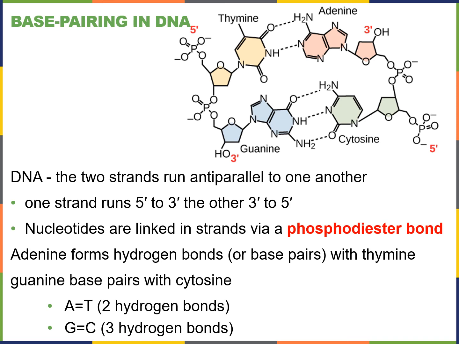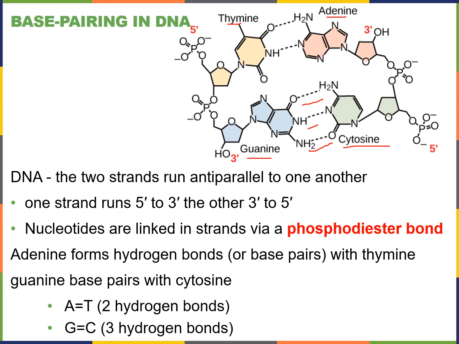When you look at the rungs between the sugar-phosphate strands, thymine, adenine, guanine, cytosine, they form the rungs via hydrogen bonds. Remember, back in chapter 2 I told you hydrogen bonds are extremely weak.